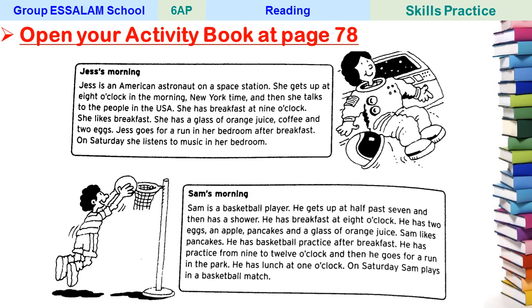She has breakfast at 9 o'clock. She likes breakfast. She has a glass of orange juice, coffee, and 2 eggs. Jess goes for a run in her bedroom after breakfast. On Saturday, she listens to music in her bedroom.